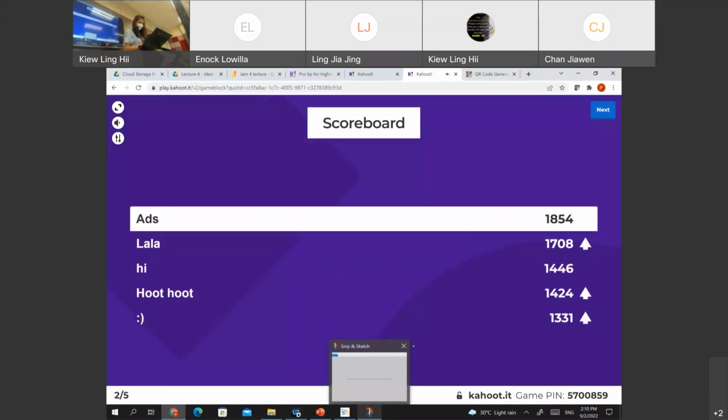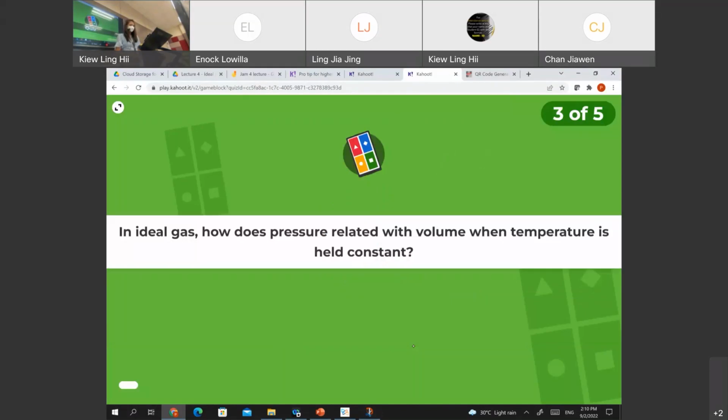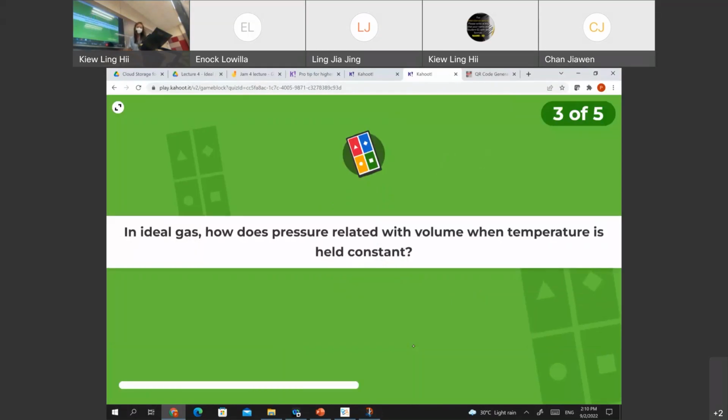Next, how does pressure relate with volume when temperature is held constant?